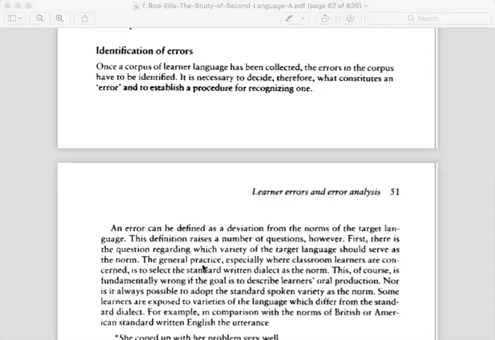Once you successfully identify the errors of the students, only then you would be able to address the problem through error analysis. Through this identification process, one should be able to eliminate the mistakes, because we are not going to go further with these mistakes in the process of error analysis.